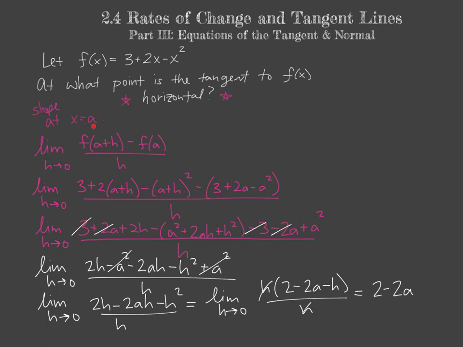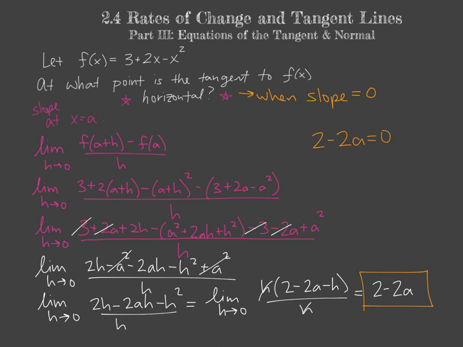So did I need to use a? No, I could have used x here. I like just using a different point and just pointing this out. So I'm looking for what is a for this special tangent line when it's horizontal. And a horizontal line, recall, is when the slope is 0. So we need to take this general slope and set it to 0.